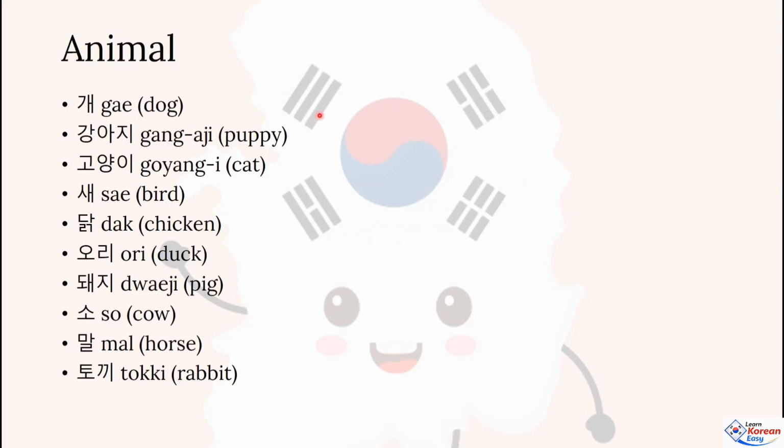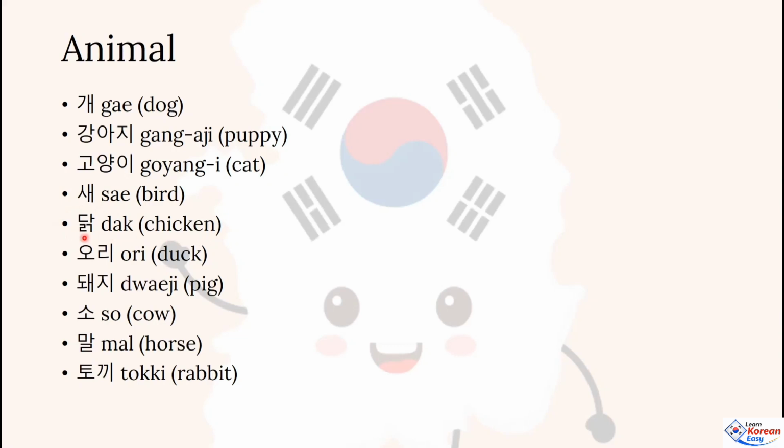Wonderful. Okay, so let us go through once more. So we covered 개, dog, 강아지, puppy, 고양이, cat, kitten, baby cat, 아기 고양이, 새, bird, 닭, chicken.